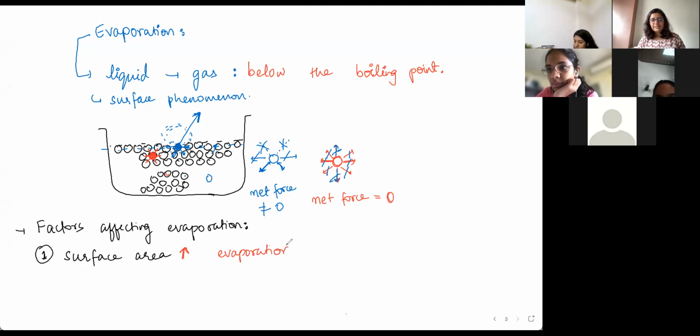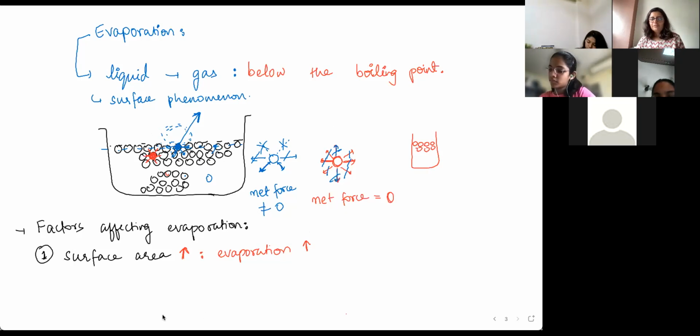If surface area increases, evaporation also increases. That's pretty obvious, right? If there's more surface, there are more chances for the molecules to evaporate. If the surface area is small, very few molecules will be available to evaporate. So surface area has a direct relation: if you increase the surface area, evaporation increases.